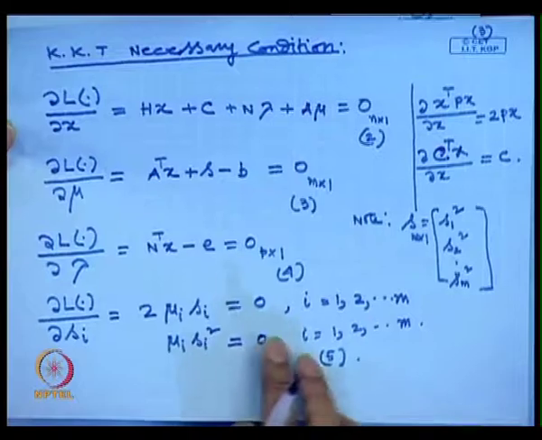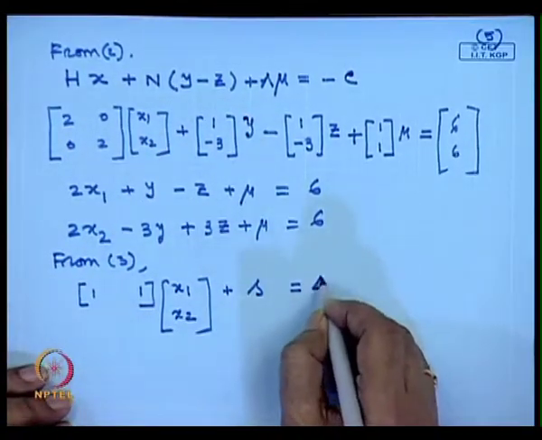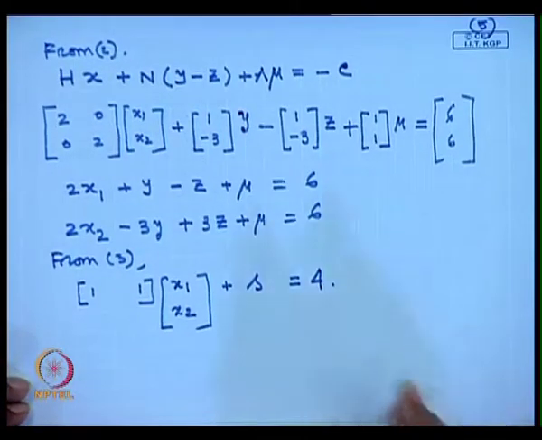The b value from the problem is 4. Okay? We have this equation, this equation, this equation.